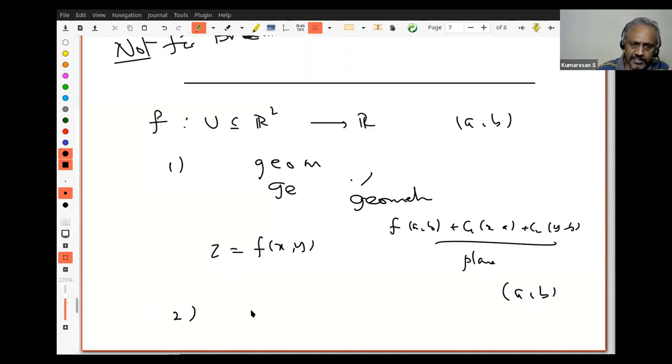The other interpretation, which we started earlier and again explained today, is that I say f is differentiable at (a, b) if I can find a first degree polynomial in x minus a and y minus b so that it approximates the function f of (x, y) in and around the point (a, b). And in each of these, we are able to approximate how much error we are making. Is that clear? Okay.